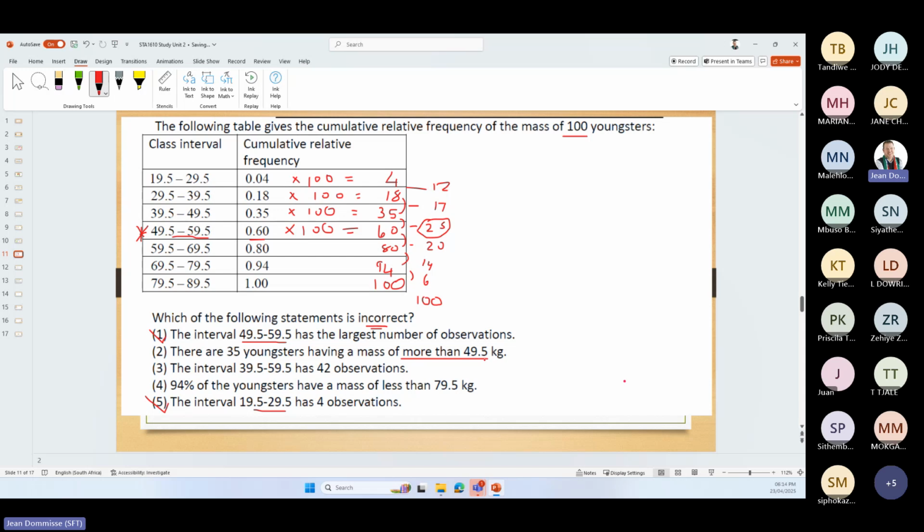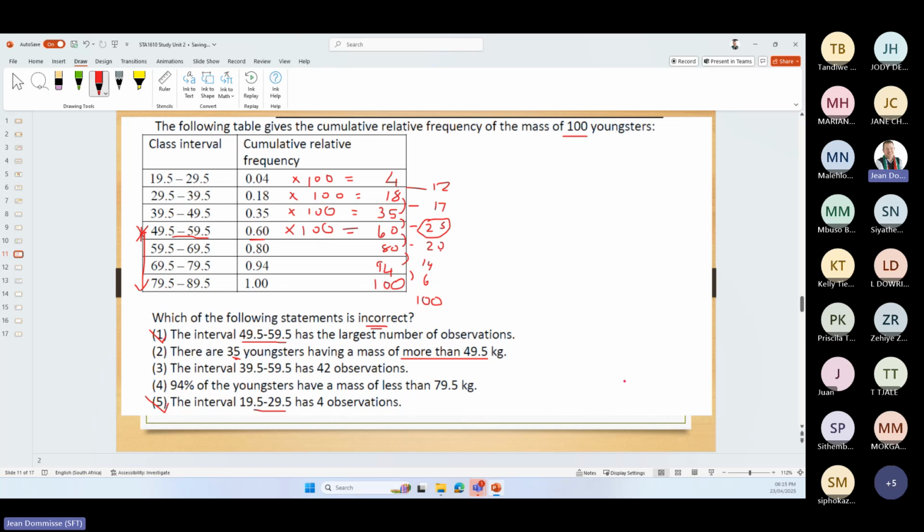So now again, let's throw in the English there. So if you look at 49.5 and more, because it's more than 49, well, how many are there? There's 25 in that category. There's 20, 14, so it's definitely more than 35.